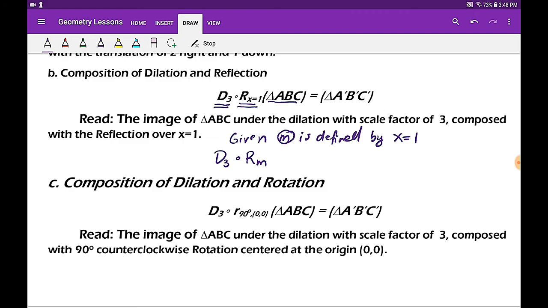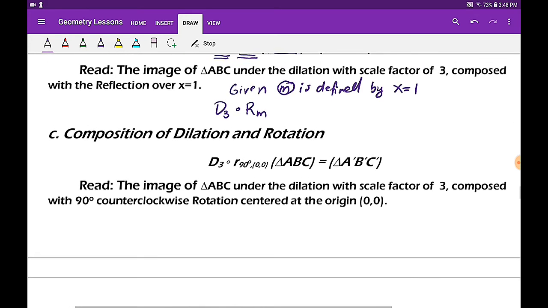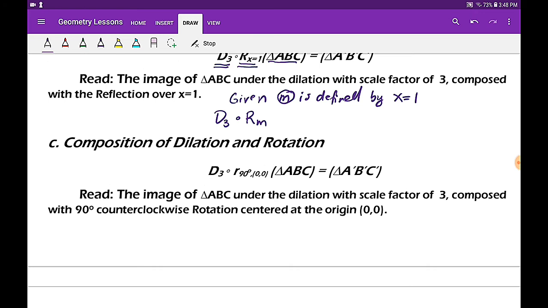Moving on. Composition of dilation and rotation. I'll read the notation and then you will read how it's read.